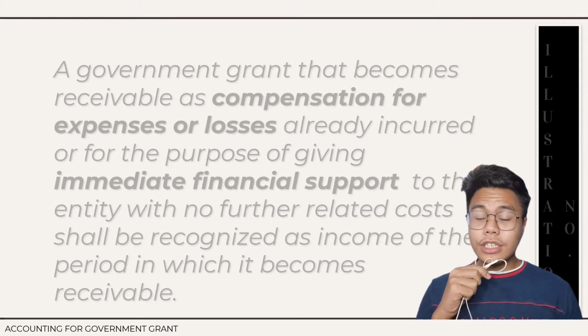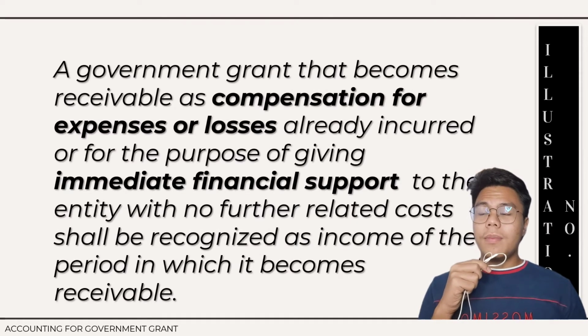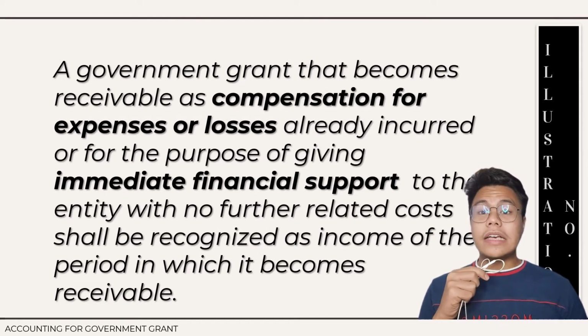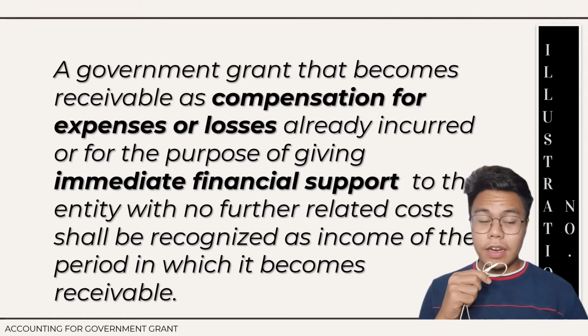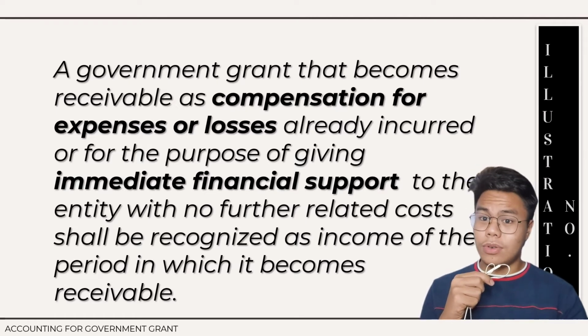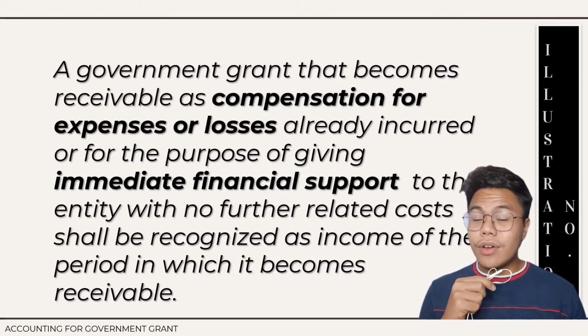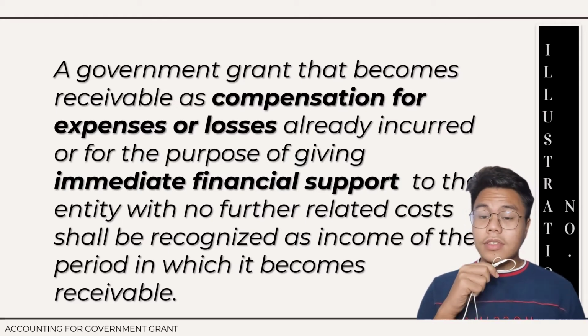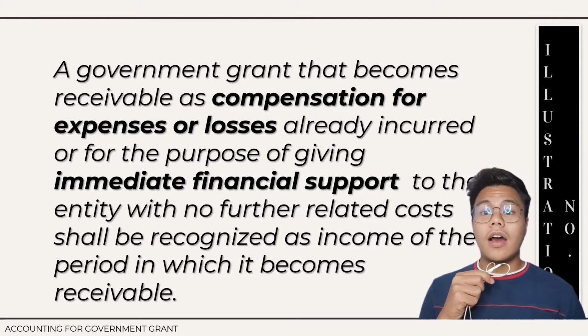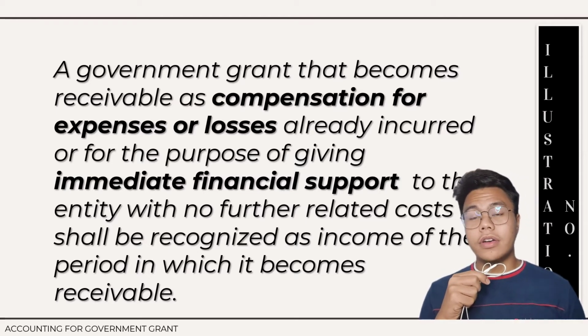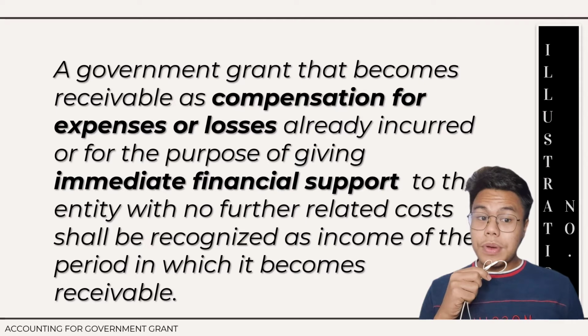Of course, there are situations where government grants are provided as immediate income, as immediate compensation for expenses or loss. These are through calamities like natural disasters, typhoons, or earthquakes.